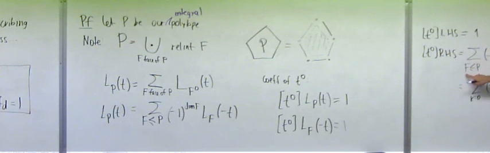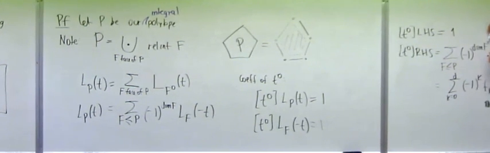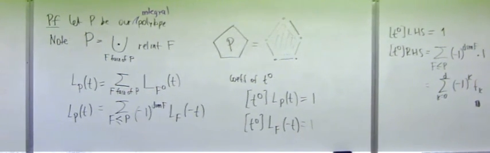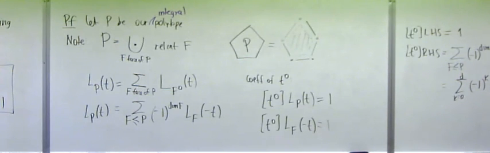And I'm summing over all the different faces of the polytope (-1) to the dimension. So then if I ask myself, how many times did (-1) to the k appear? Well, it appeared 1 time for each face whose dimension is k. And I know that I have exactly f sub k faces of dimension k. So that means that this (-1) to the k is going to appear exactly f sub k times. So that's how it works.